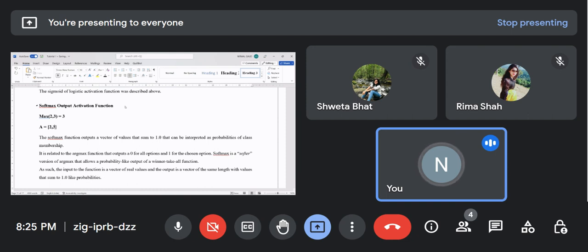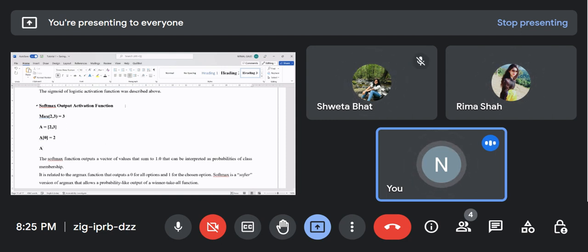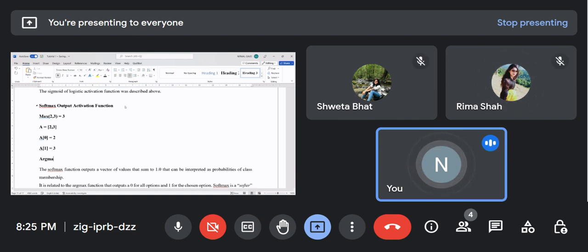If I print the value at index 0, a0, the result will be 2, and a1 will be 3. The argmax function will return you the index. If I say argmax of 2 comma 3, the index of 2 is 0, and the index of 3 is 1.